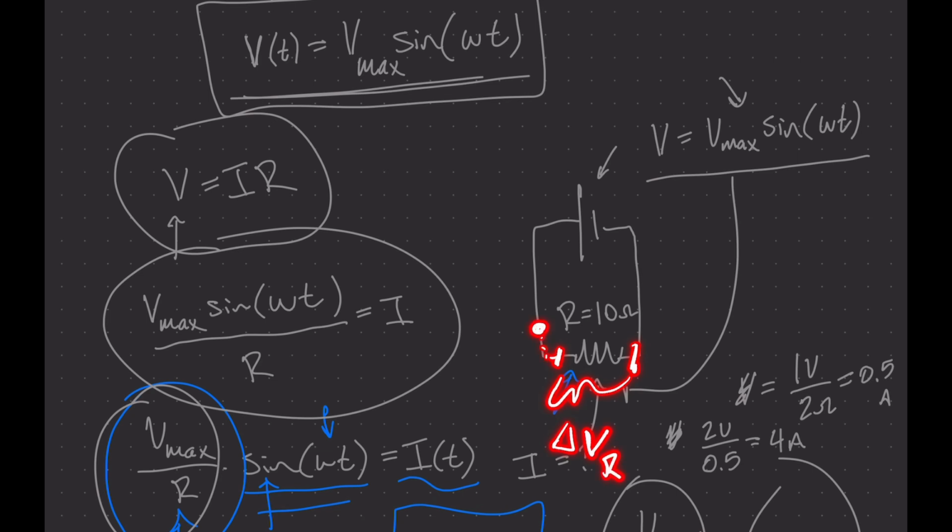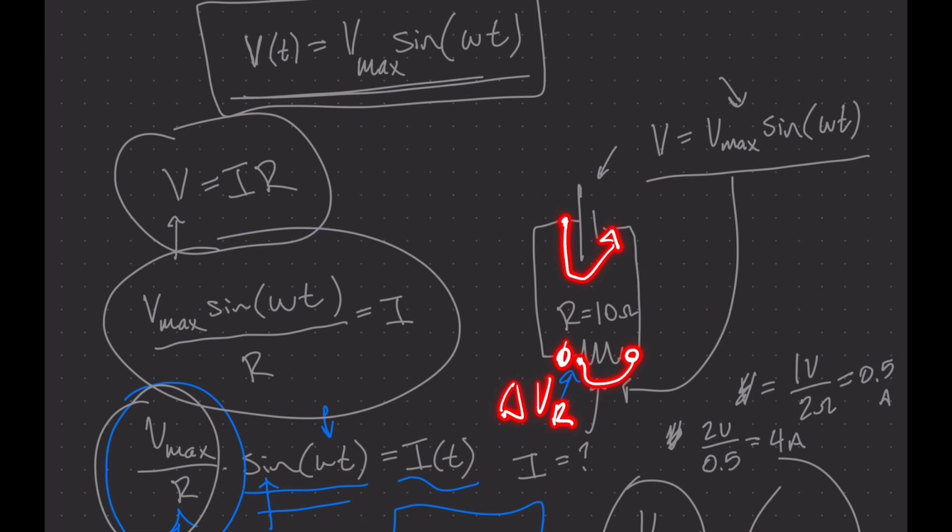And you can see if you just follow this all the way over here and follow this all the way over here, it doesn't matter where you put an ohm meter or a voltmeter, if you put it here, or here, or here, it measures the same voltage everywhere.